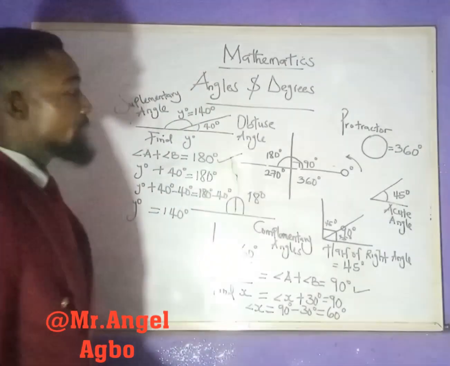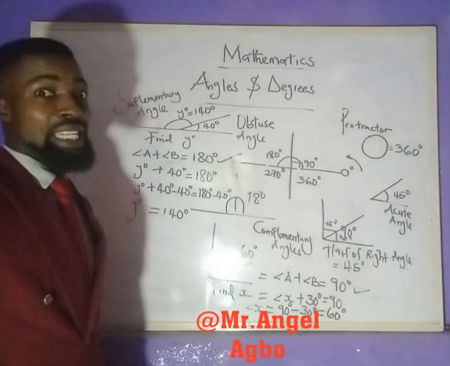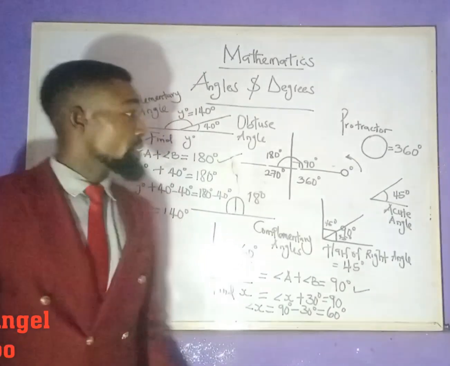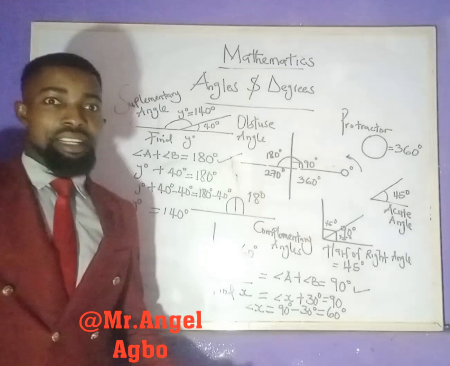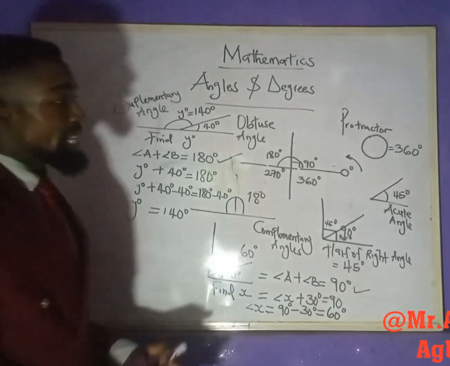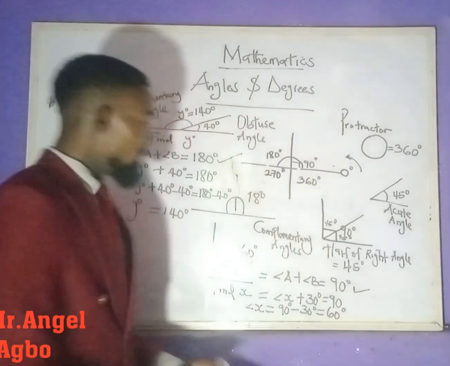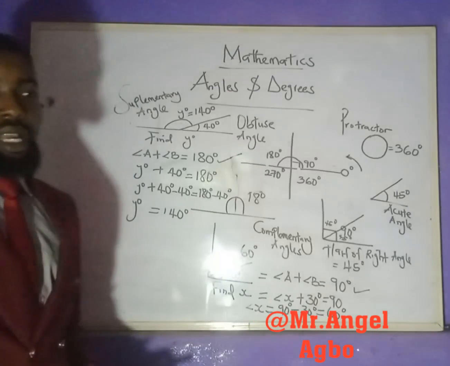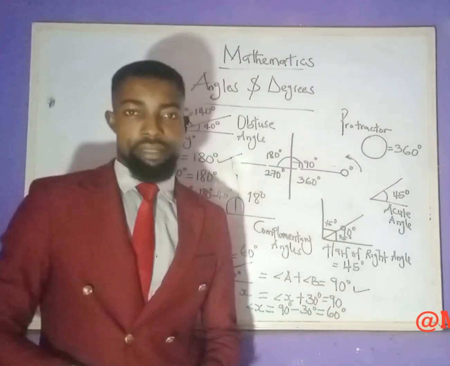So anytime an angle is missing, it can easily be found, because there is a basis, there is a standard. What you need to do is to understand how these formulas work.